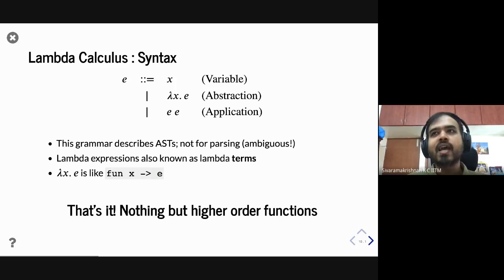The question of whether the bracket is part of lambda calculus is not a relevant question, because we are not describing the actual tokens here. We are describing the abstract syntax tree. Yes, you can use brackets in these lambda terms, and we will use them for disambiguation. You will see terms with brackets, but they are not part of the abstract syntax tree.